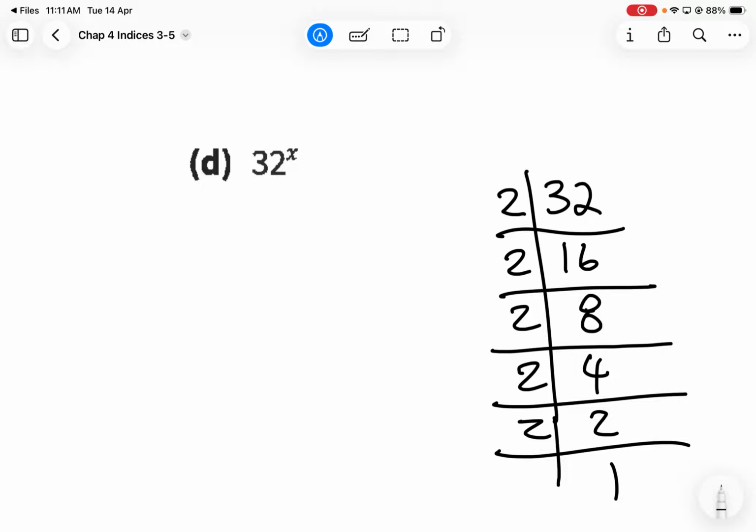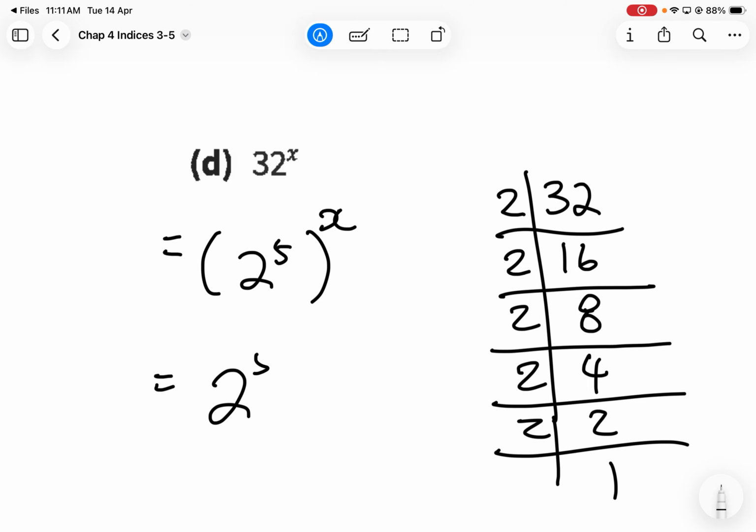So 32 can be written as 2 to the power of 1, 2, 3, 4, 5. So I can replace 32 with 2 to the power of 5. Then 32 has the power 5. So now this bracket is 32. So now this bracket has to have power x. Then, to simplify it further, I will need to multiply 5 with x. So it becomes 2 to the power of 5x.